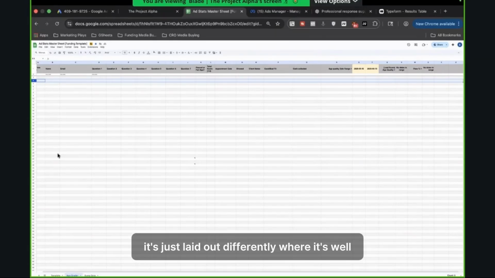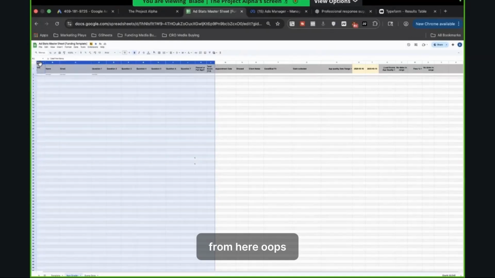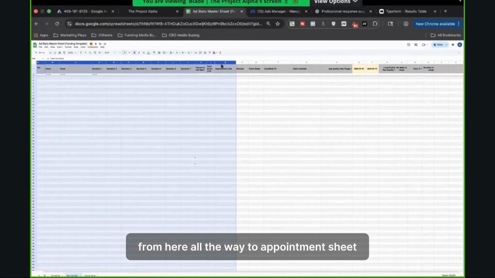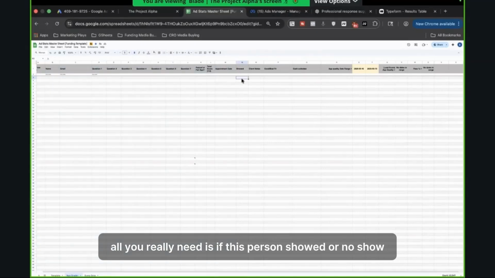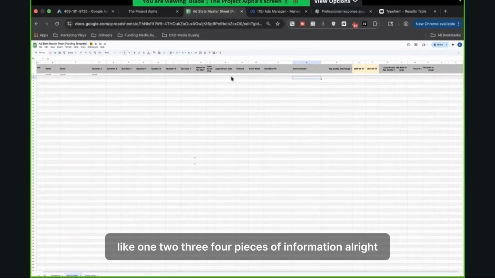It's just laid out differently so this information is easily digested. From here all the way to appointment date automatically populates for you. All you really need is if this person showed or no show, any objections that the person might have, good or bad fit, and cash collected. Like 1, 2, 3, 4 pieces of information.